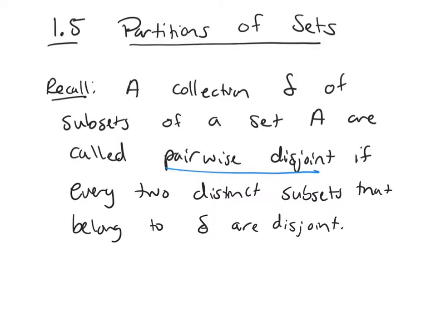So to be disjoint, it means that the intersection would be the empty set.